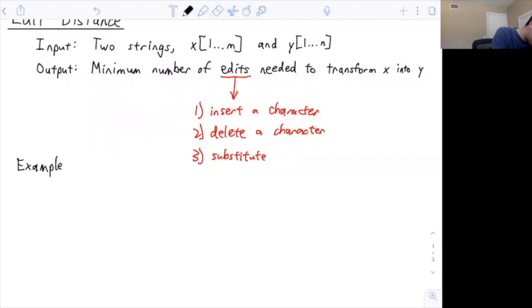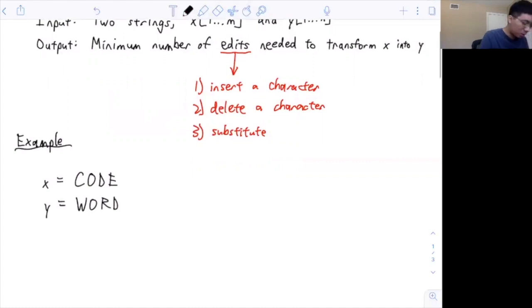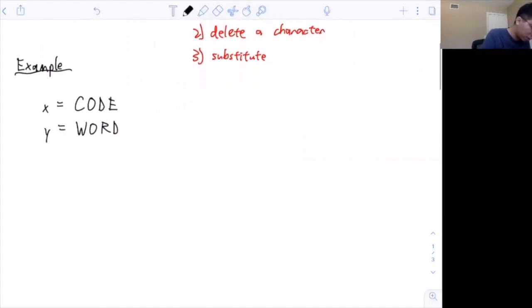As an example, let's say the string x is the string code, and the string y is the string word. One way to transform code into word is to just delete every character from code. So delete the C, delete the O, delete the D, delete the E, and then we would insert the four letters in word.